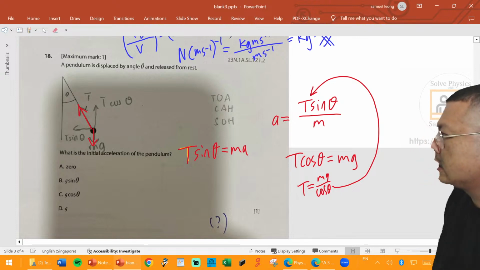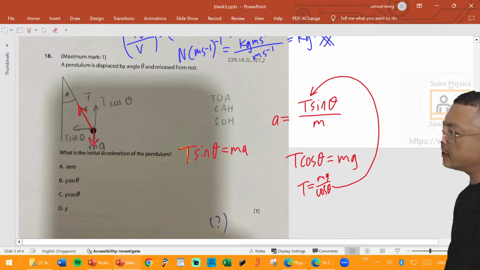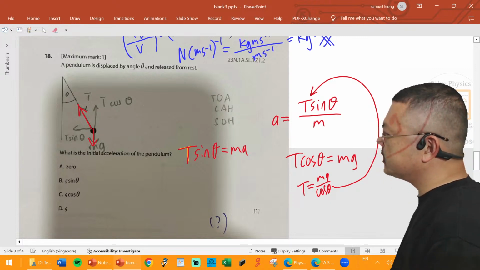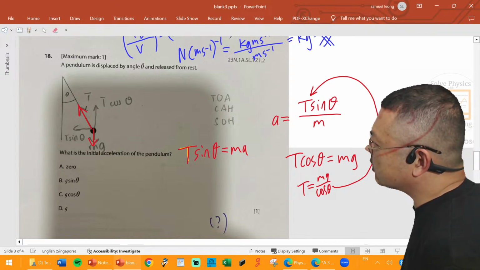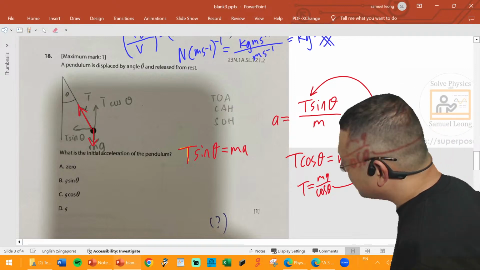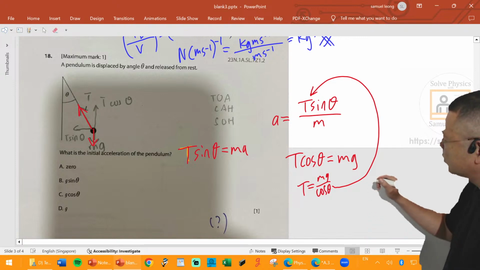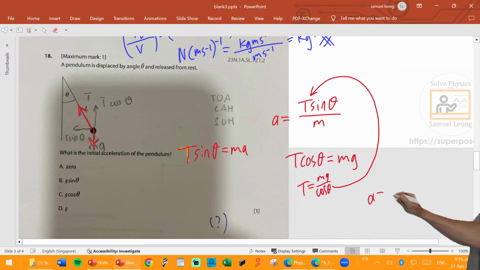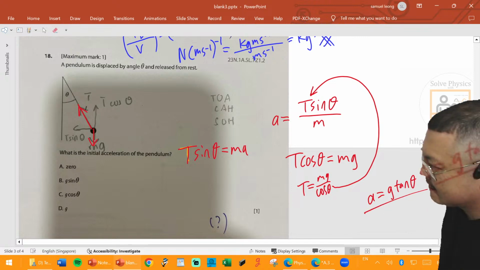No. Oh wow. When did this question come out from, man? Yeah, you're right, Jovine. I'm now trying to figure out. Oh no. Wait. If I were to do this, what does this become? A equals what? G tangent theta, right? Okay.